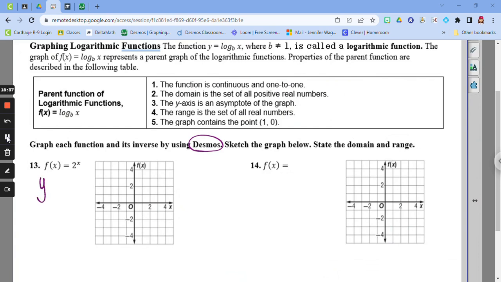So our first one is the exponential equation, y equals 2 to the x. That's going to approach 0, and it's going to look something like that.